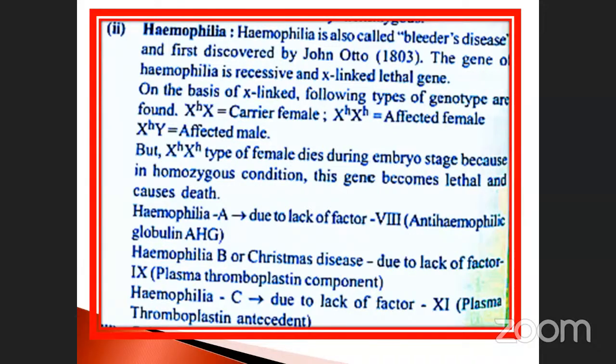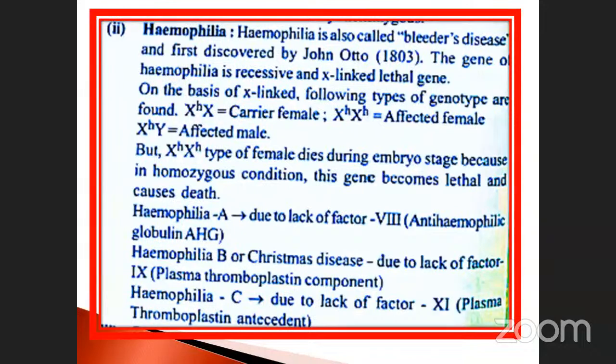They may give hemophilia A, hemophilia B, hemophilia C, and the corresponding factors in a shuffled manner, match the following, and you have to find out the answer. See here, hemophilia A is due to the lack of the 8th factor. Yesterday we discussed the 8th factor, isn't it? The 8th factor is also called anti-hemophilic globulin factor, AHG, simply called AHG as a mnemonic.